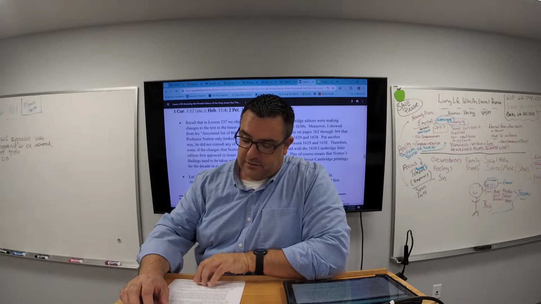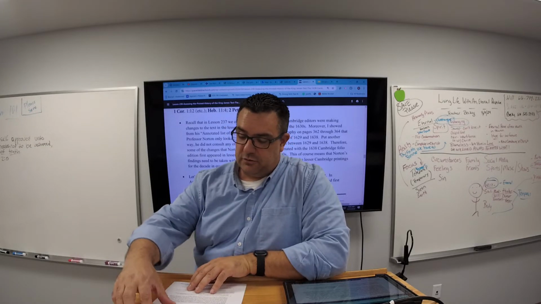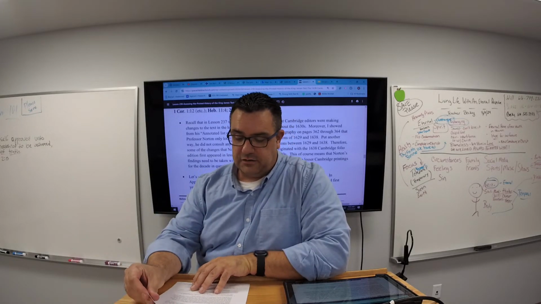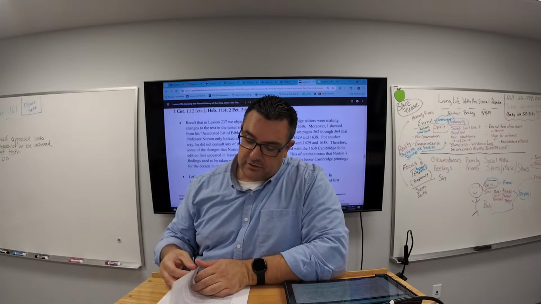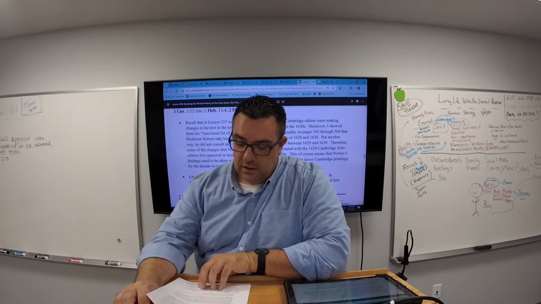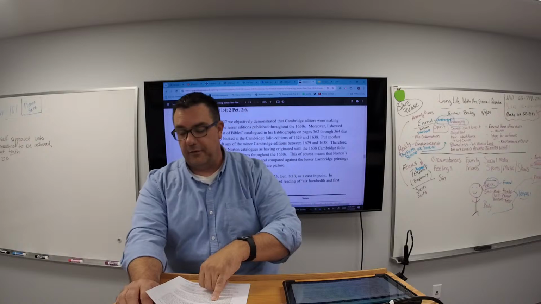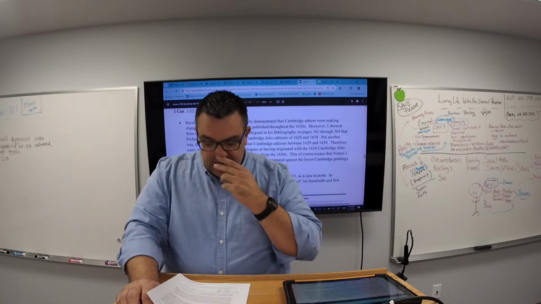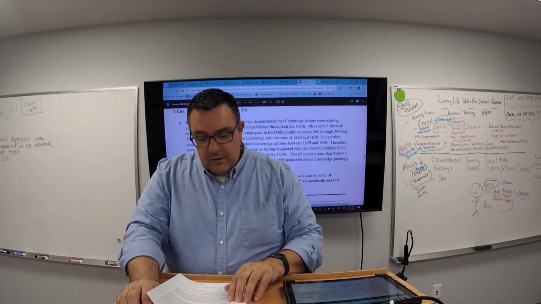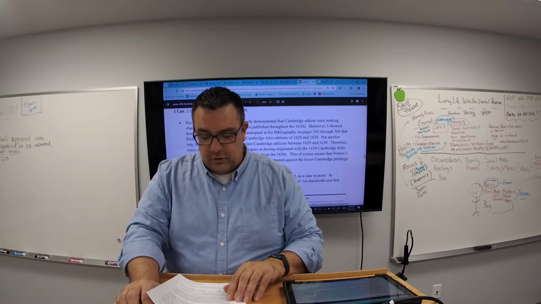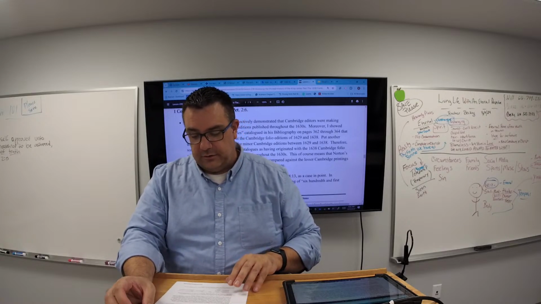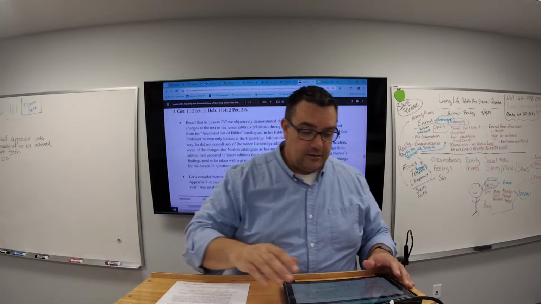Moreover, I showed from his annotated list of Bibles cataloged in his bibliography on pages 362 and 364 that Professor Norton only looked at the Cambridge folio editions of 1629 and 1638.